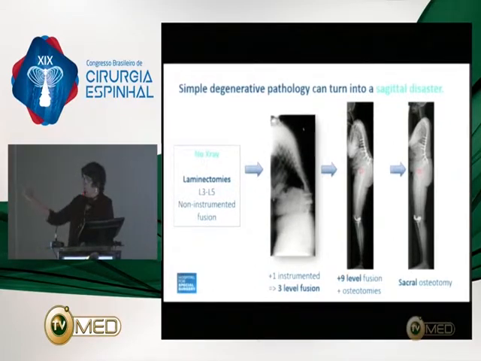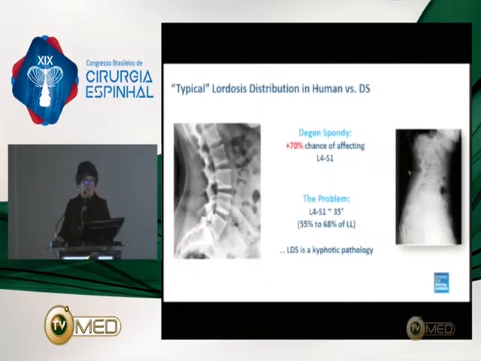And then this patient ended up with a sacral osteotomy. Of course, this is not the natural course of every single fusion, but you can see that a simple problem, if it's not managed the proper way, that means if you fuse a patient in the wrong position, and then the solution is to add one level and one more, you're going to end up with a very complex patient.